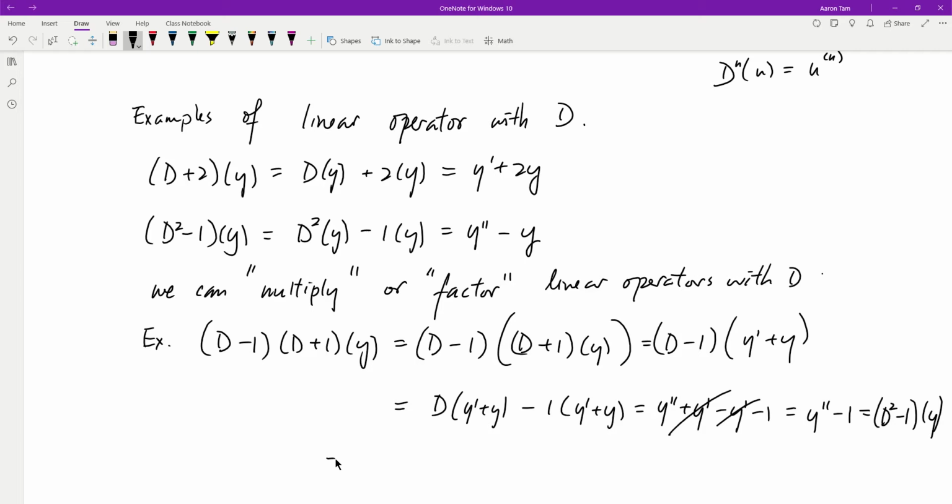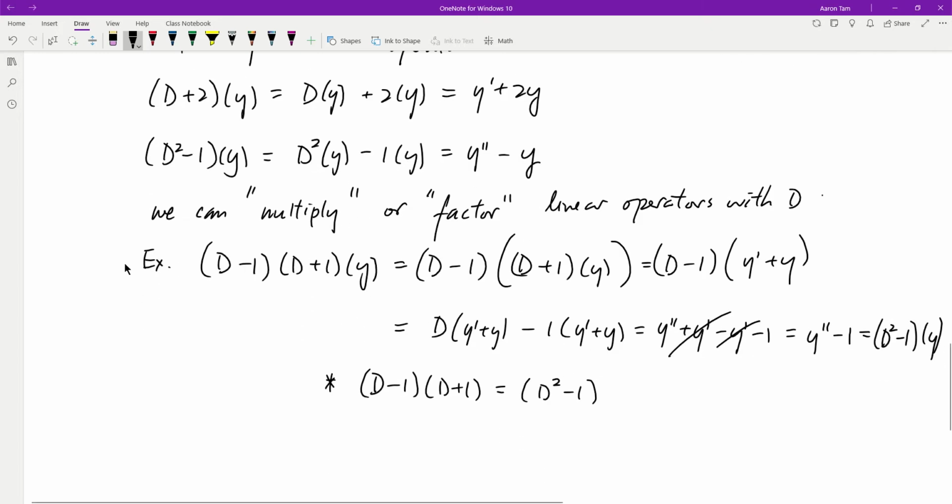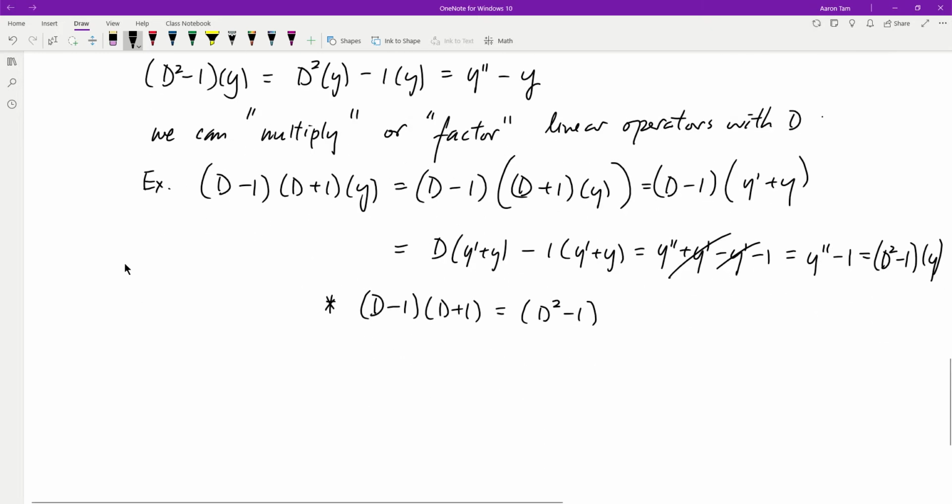So therefore, notice that d minus 1 times d plus 1, this linear operator, is the same as d squared minus 1. Pretty cool, because that kind of worked out to be our difference of two squares.